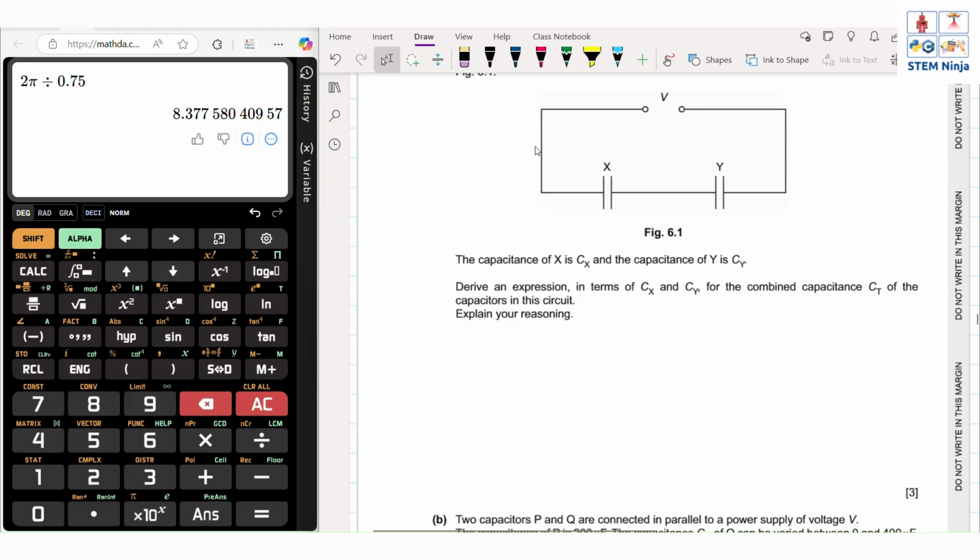So we know that using Kirchhoff's first law over here, actually, sorry, the second law, in the closed loop the potential differences will add up.